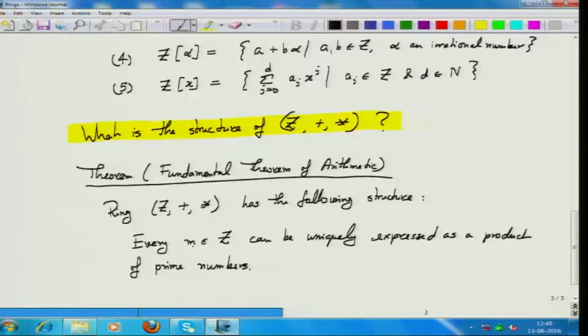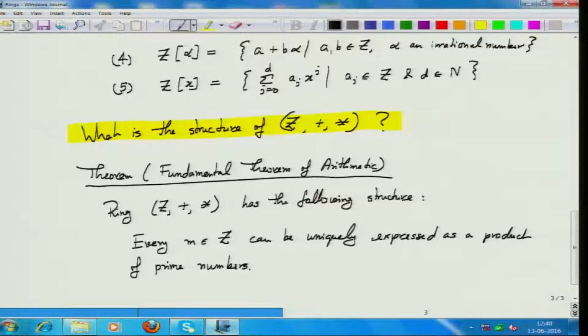Similarly, one can show that if a number has more than one expression as a product of primes, then the primes in these expressions are the same. So there cannot be two distinct ways of writing a number as a product of prime numbers. There is one thing which I forgot: every m in Z which is positive.